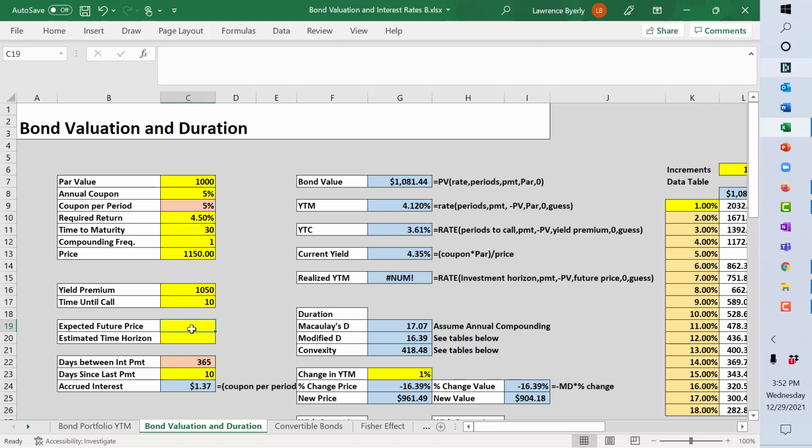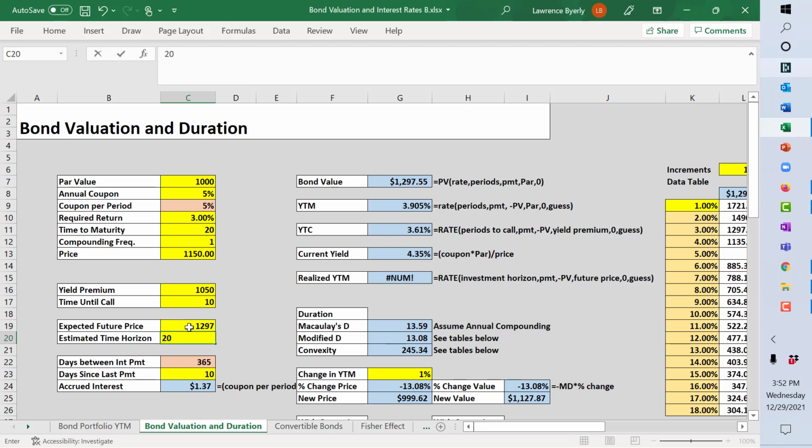If you estimate or think about what interest rates will be in the future, again, a forecast, you can calculate the price. So let's say in 20 years, we think that interest rates in the economy are going to fall, so the interest rate's only going to be 3%. So that future price 20 years from now, we expect to be $1,297.